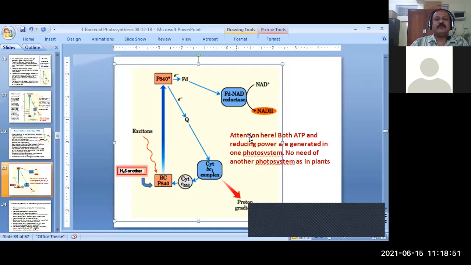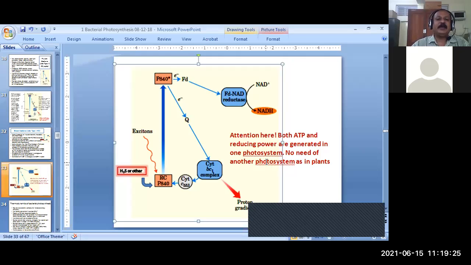So I've written here in red color, attention here: both ATP and reducing power are generated in one single photosystem. Therefore, unlike the plants, the bacteria do not require two different photosystems. In the plants, we have seen that one photosystem is there for ATP generation and one for the generation of reducing power. Both jobs are done together by the same photosystem in the green bacteria.